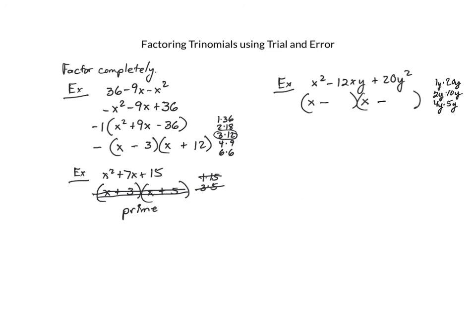Do you see which one looks good for getting that negative 12xy in the middle? How about this one right here? We'll pop in the 2y and the 10y. And notice, if you FOIL this out, you get a negative 10xy and a negative 2xy. So we do get the negative 12xy that we need in the middle.